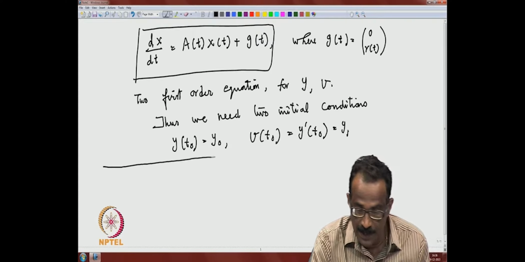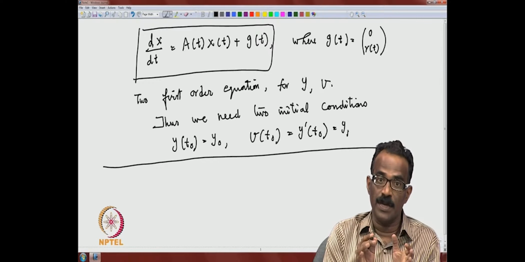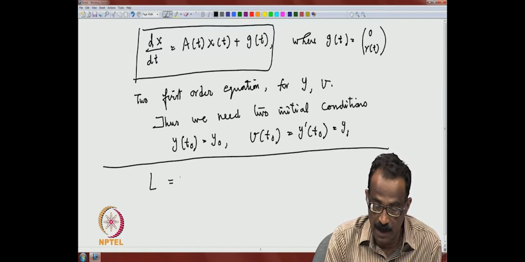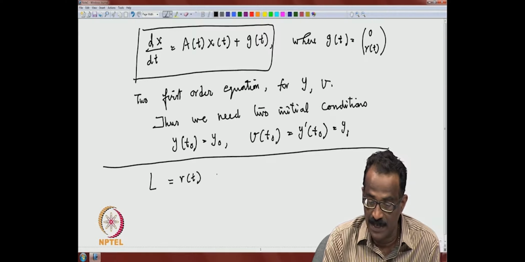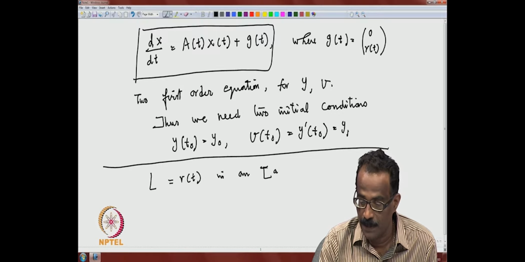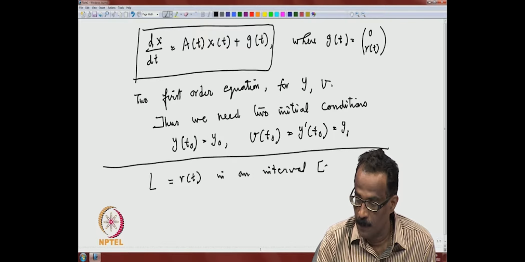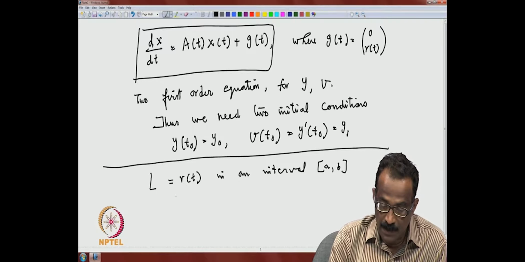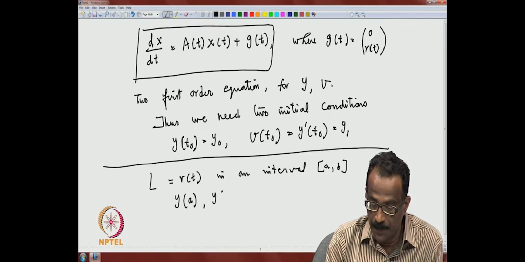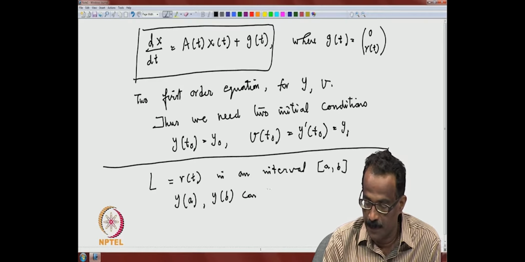But again, there is a speciality in second order equations. Such equations, L y equal to r t, can also be considered in an interval, say a b, and the end point conditions, y at a and y at b, can be prescribed.